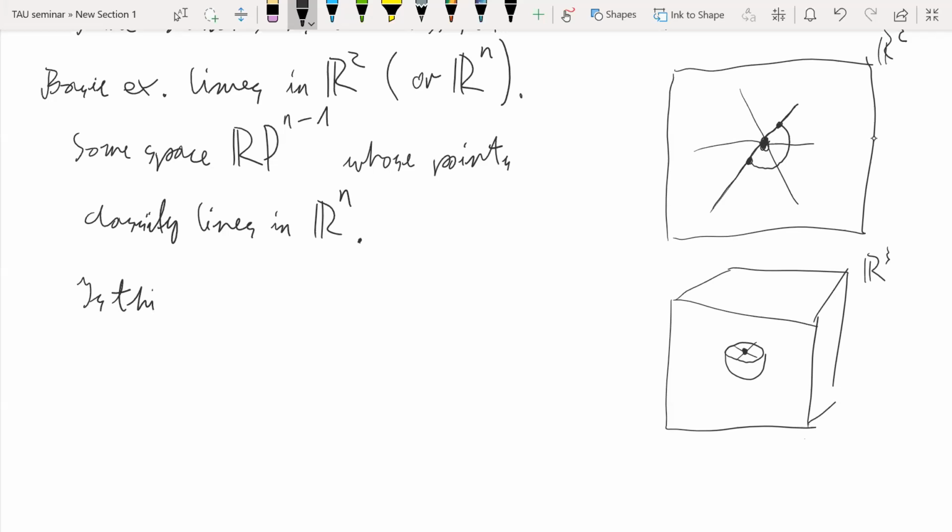Is this the right space to classify those objects? A space here, I mean just a topological space, but moduli problems and moduli spaces are more general than that. You can consider those to be some kind of algebraic varieties or something like that. Here I am just dealing with topological spaces.